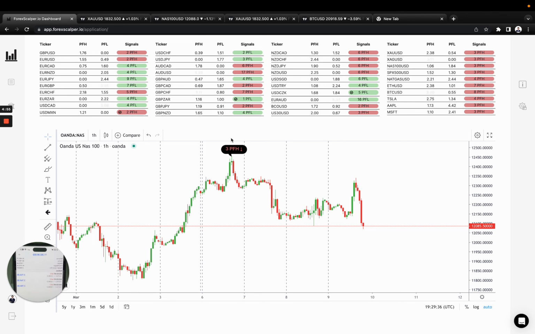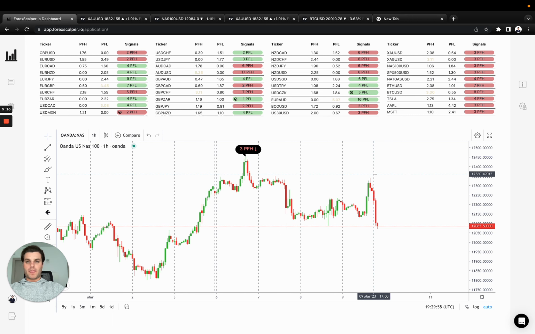I don't know if that's going to be upside down in the camera or not, but you get the idea. I'm going to be closing out a few trades live on video.